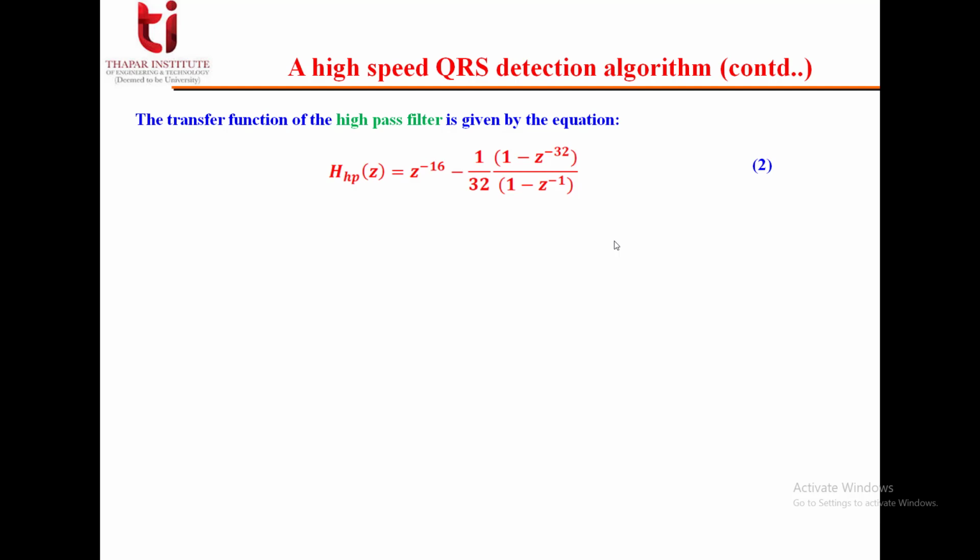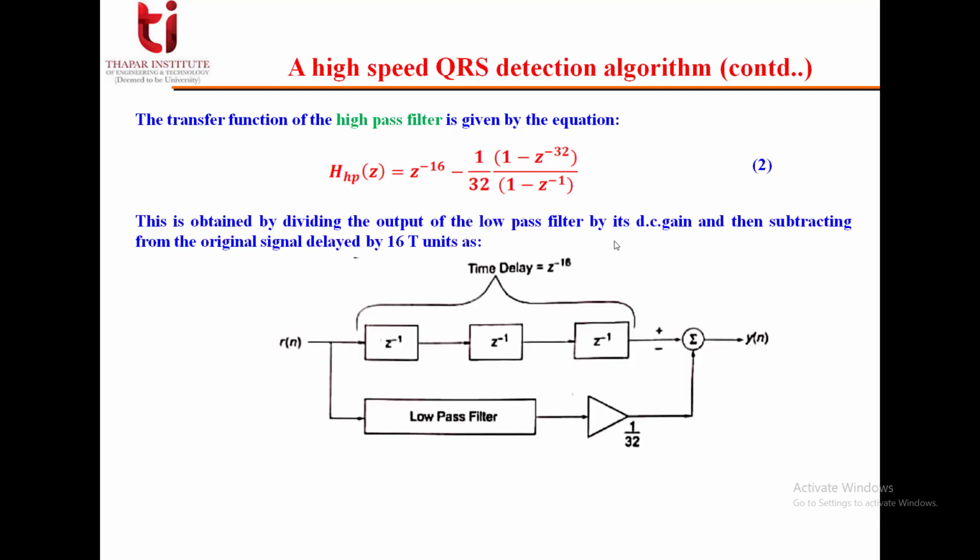This is obtained by dividing the output of the low pass filter by its DC gain and then subtracting it from the original signal delayed by 16 T units, as you can see in this figure. So we are using a low pass filter, dividing that by 32, and then subtracting that from the original signal delayed by 16 time units.